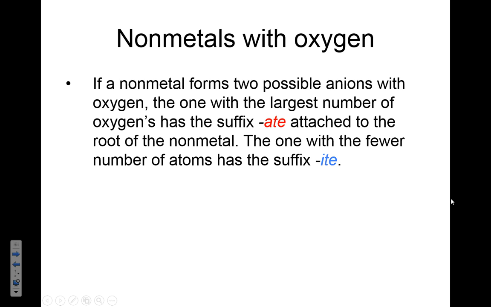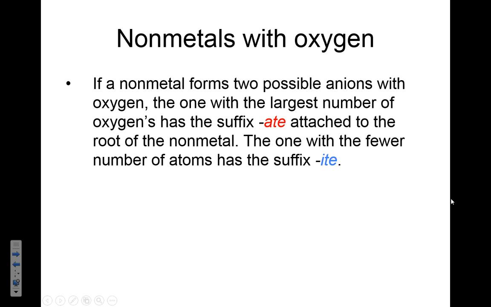So if you see ates or ites, that's our dead giveaway that it's an oxyanion. It's a compound with oxygen in it. 100% of the time, when you see ate and you see ite in the name, you know you're going to have oxygen in there. So if a nonmetal forms 2 possible anions with oxygen, one is going to be larger, with more oxygens than the other one.